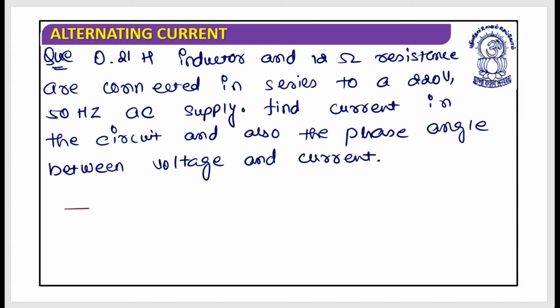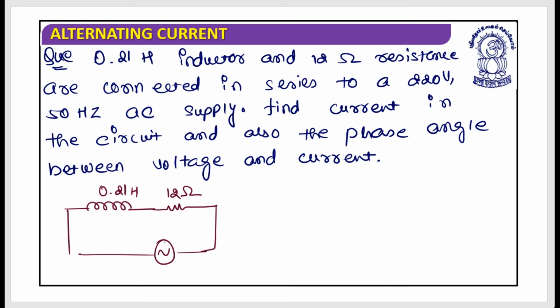First make a circuit: this is the inductor having 0.21 Henry inductance, and this is the resistance having a value of 12 ohm, connected with the AC source. One very good thing is they have directly given 220 volt and 50 hertz, so I do not need to convert this to RMS, as they have already given the RMS.